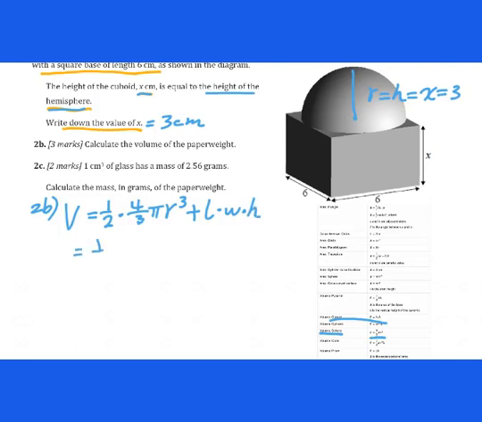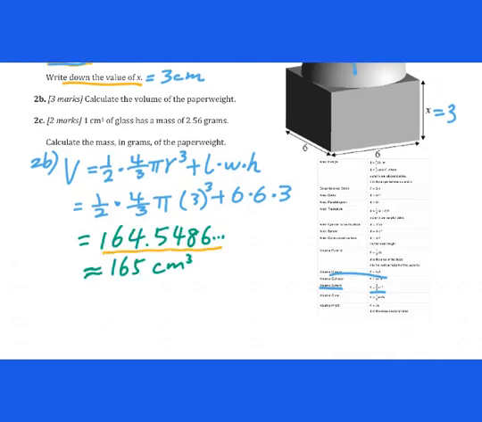We just need to plug in: 1/2 times 4/3 pi, the radius will be 3, so 3 to the third power, plus 6 times 6 times 3, because x equals 3. We put it into the graphing calculator and you will get the answer. We need 3 significant digits. That's why we got 165 centimeter cubed.